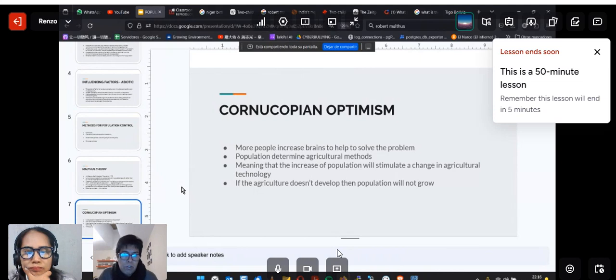So, cornucopian people, or cornucopian optimists, think that this increase in population will stimulate a change in agricultural technology.